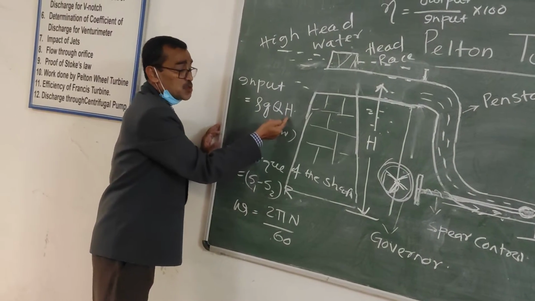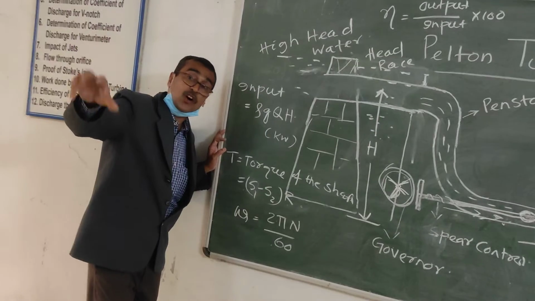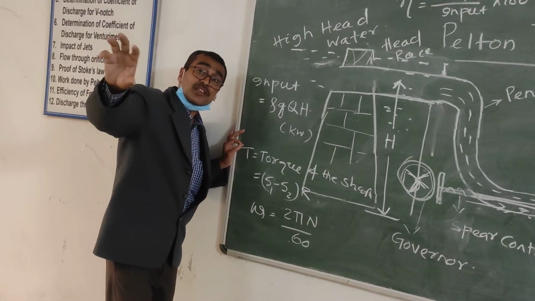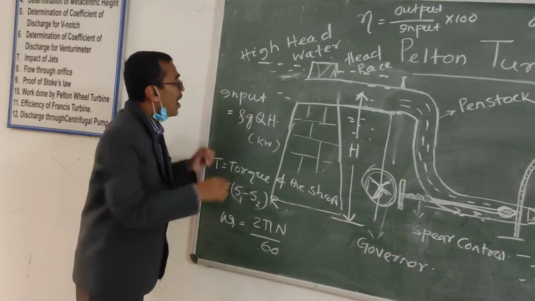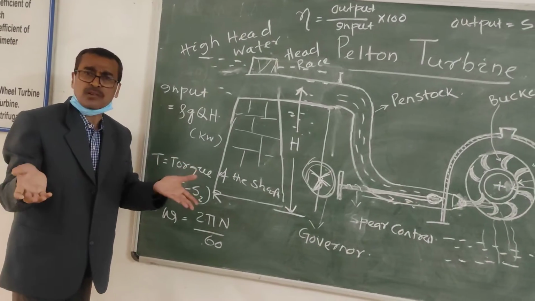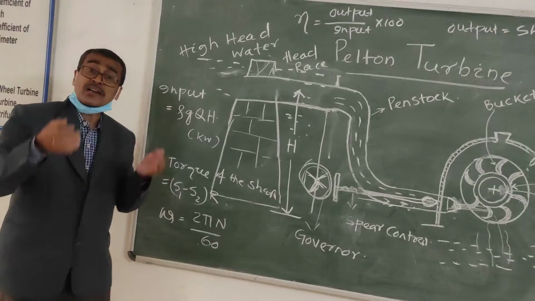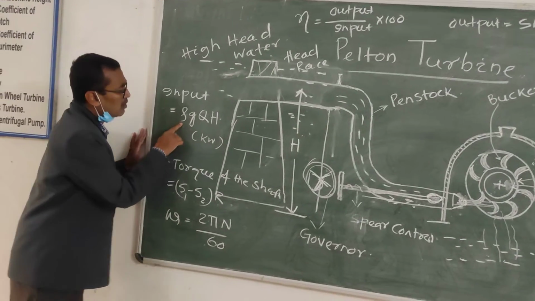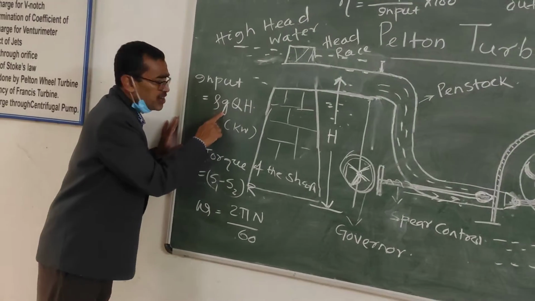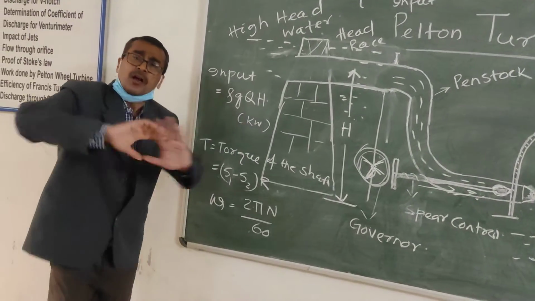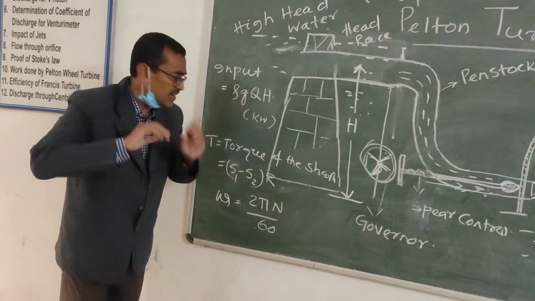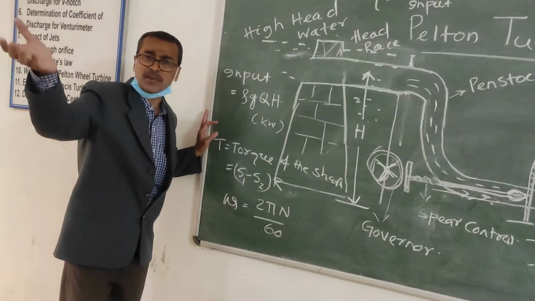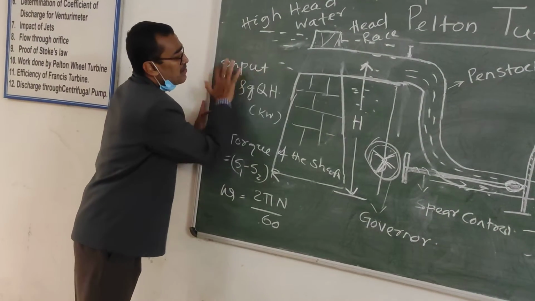Once H is known by using the pressure gauge of the pump, Q found using the Venturi meter which is attached, and g value, that is universal, and rho for water is always 1000 kg per meter cube, then with rho, g, Q and H known, the continuous flow of water and the height of the water, the input can be found out.